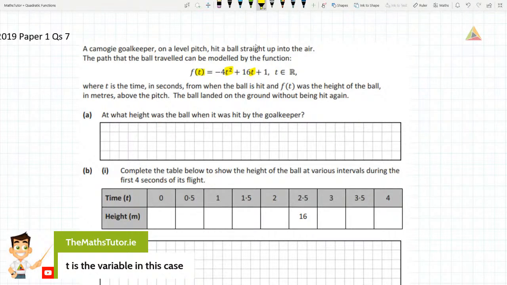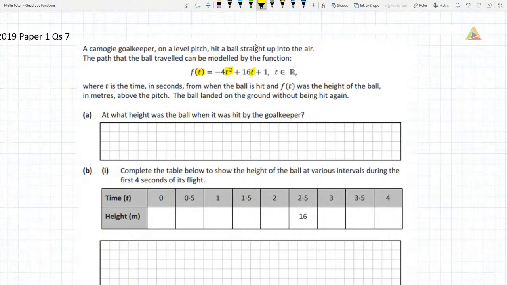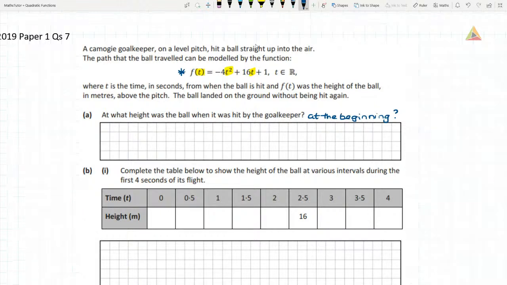Okay, so the first part of this question is asking: at what height was the ball when it was hit by the goalkeeper? This is asking me at the beginning. Remember that this function, f of t equals minus 4t squared plus 16t plus 1, tells me what height it is at any particular time t.